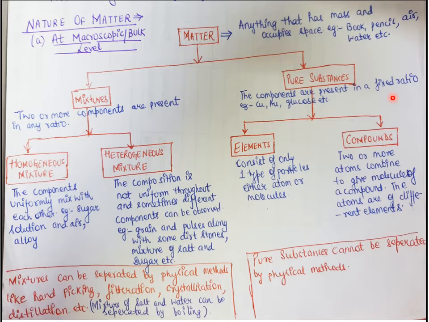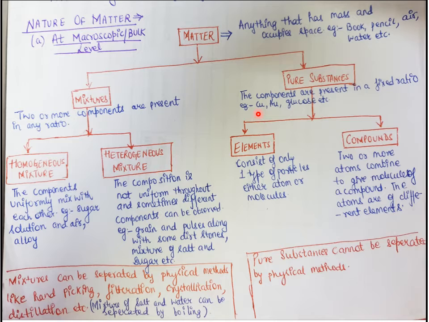Okay, for example, let's say I have a copper element. Now, a copper element is an example of a pure substance, because the copper element would be made up of what? Copper atoms, and only the copper atoms, and there would be some amount of copper atoms which would be fixed.